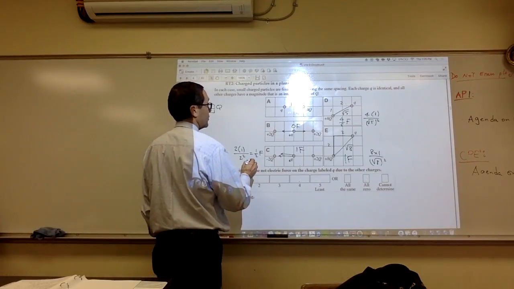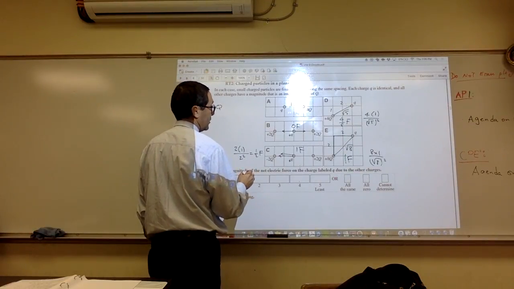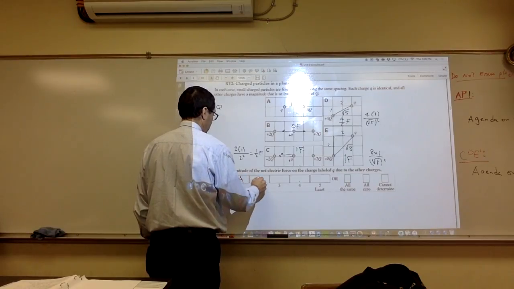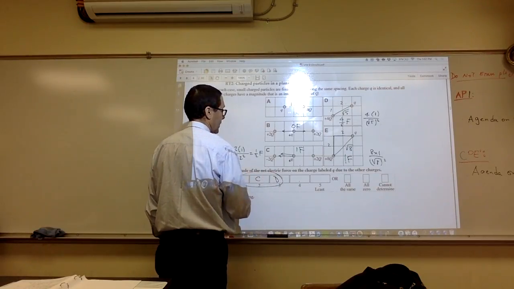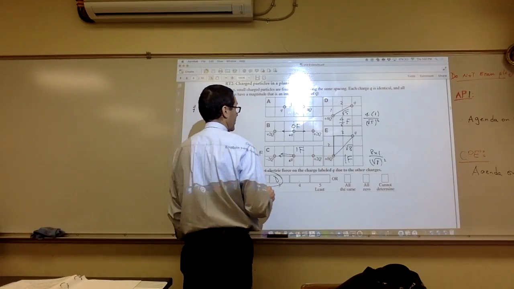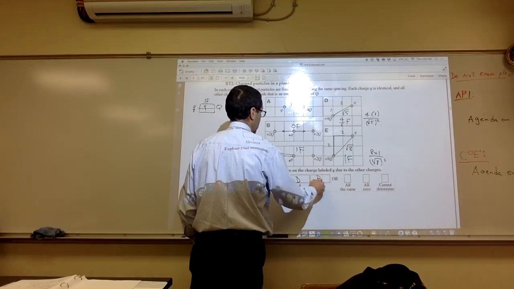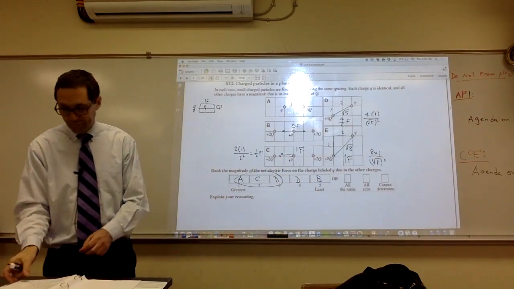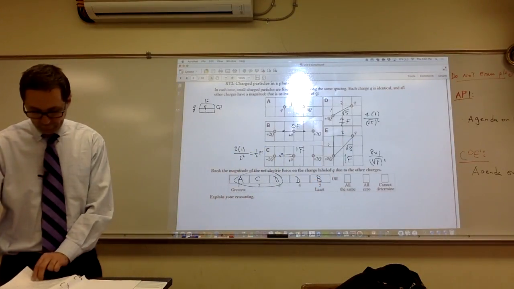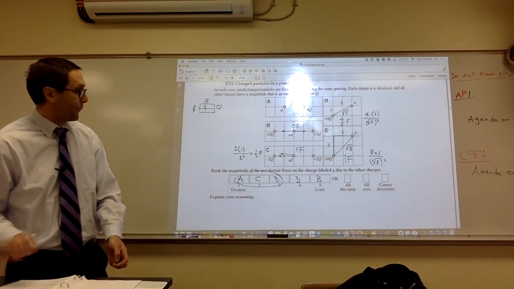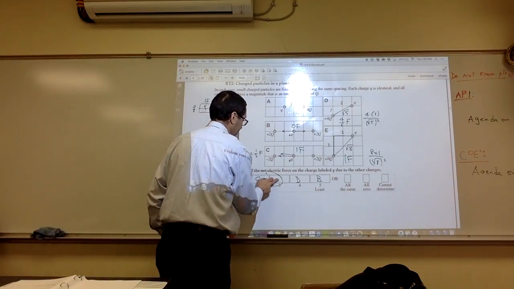Now, the order is going to be A, C, and E together, first place. And the next one will be D, and then B is last. This is ACE.